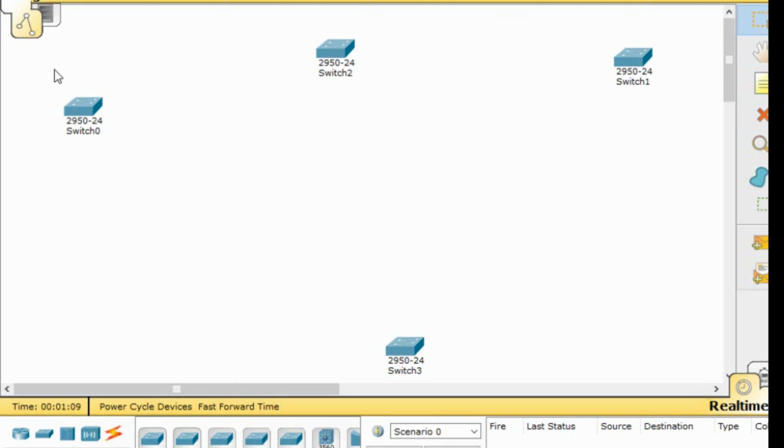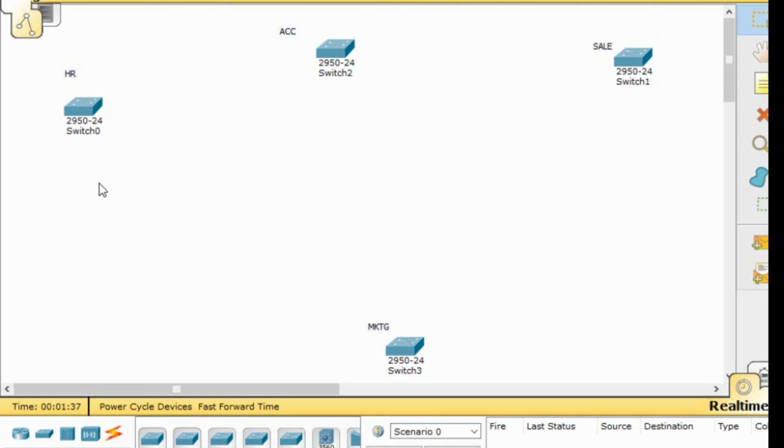I'm going to label this switch as major, this computer as accounts, this one as sales, and this one as marketing and teaching. So you see, I have 4 different groups in my one office, right?